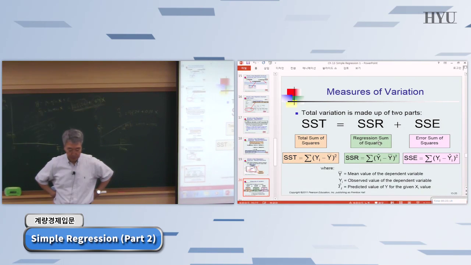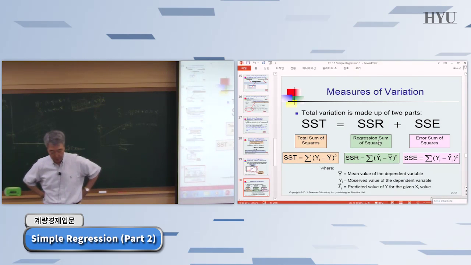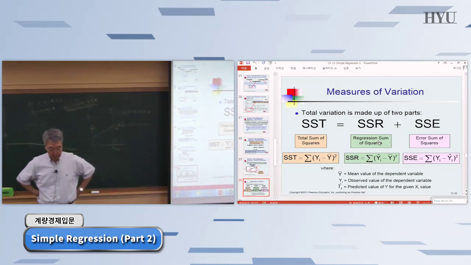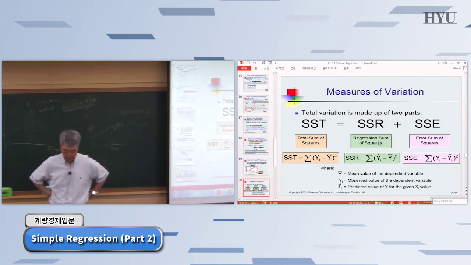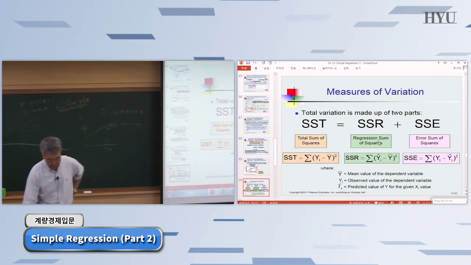Here's some basic equation. SST is SSR plus SSE. The total sum of squares, or total variation, is equal to the regression sum of squares plus the error sum of squares. And the total sum of squares refers to this thing, yi minus y bar.